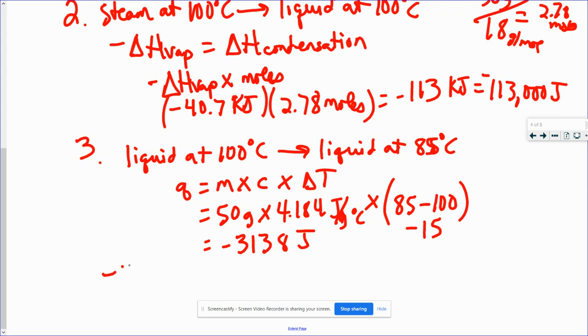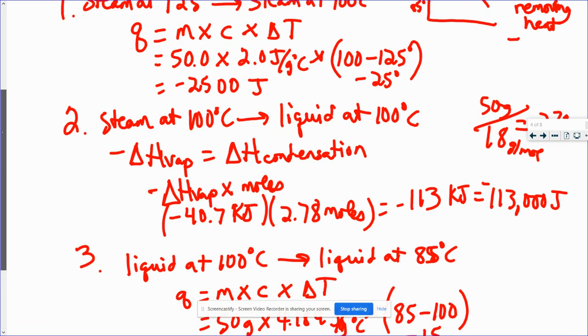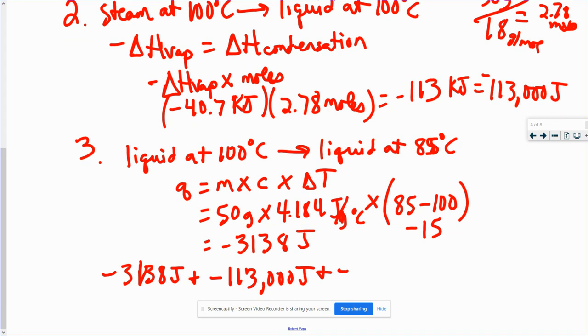So it's negative 3,138 joules plus negative 113,000 joules plus negative 2,500 joules.